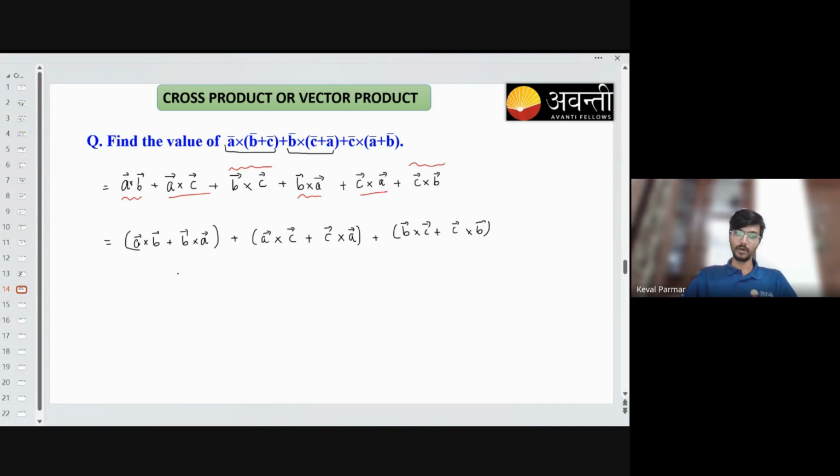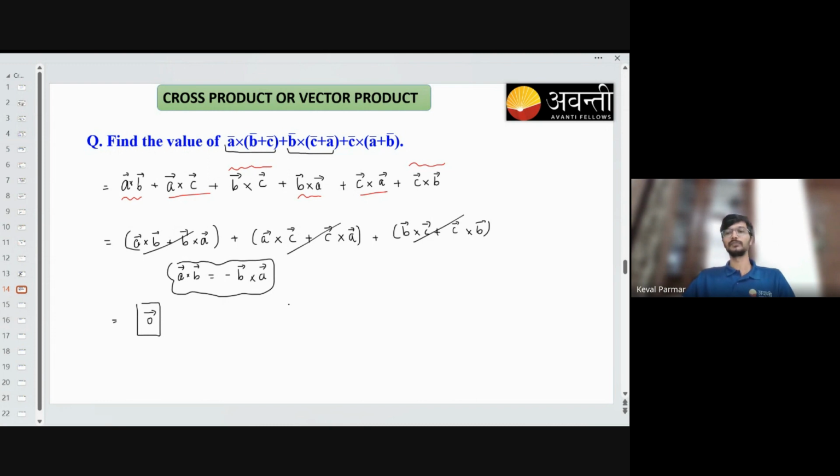Now, as we all know, A vector cross B vector is equal to minus B vector cross A vector, and so on. So this will get cancelled, this will get cancelled, this will get cancelled. So my answer is 0 vector, or you can say null vector.